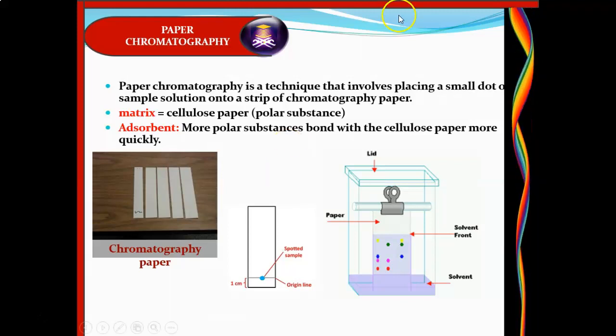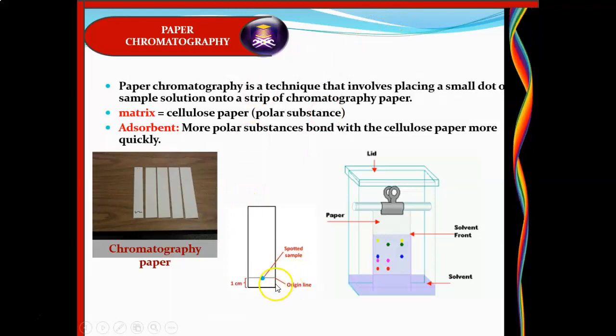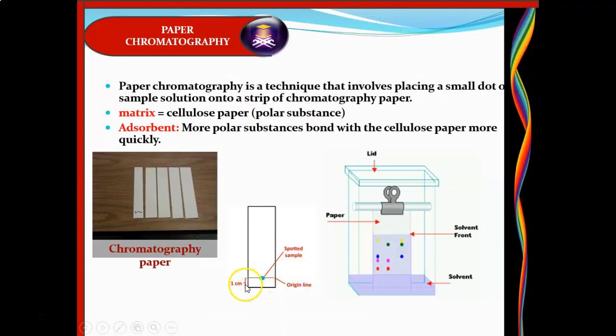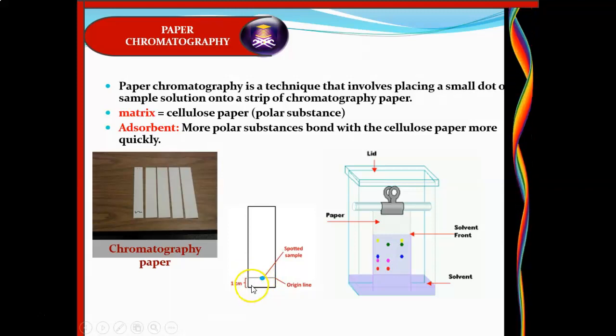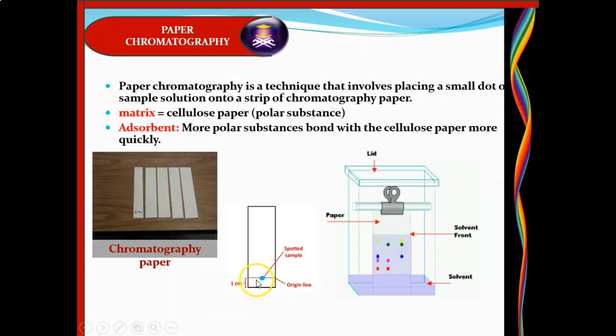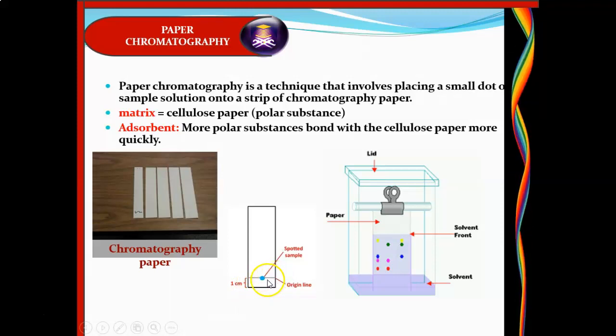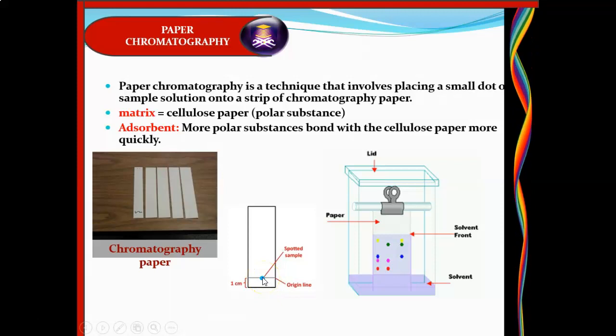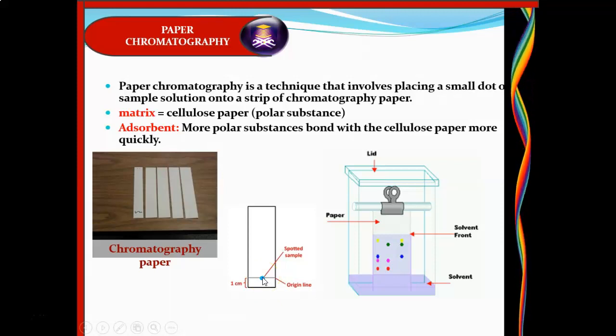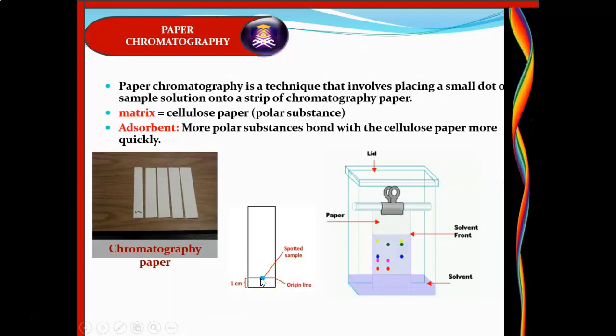Okay, so what you need to do is draw a 1 cm line here, a 1 cm distance line from the bottom. This is called the origin line, and then you need to put the sample on the spot on the origin line here.